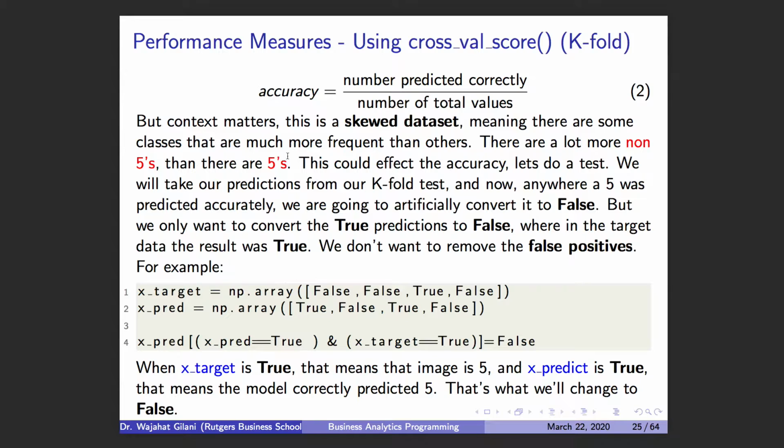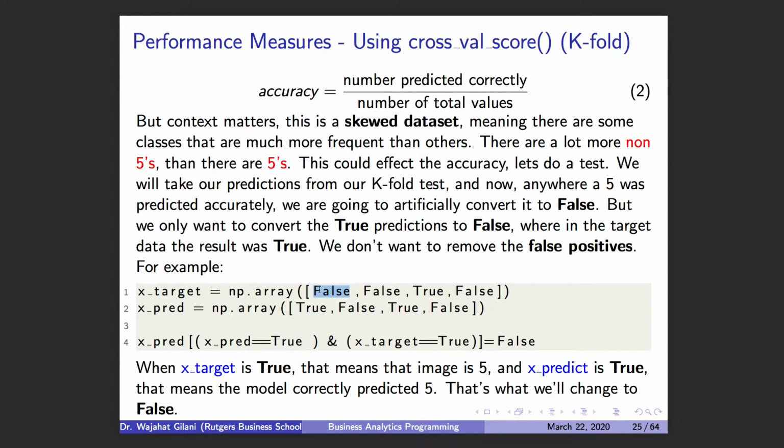For example, if you look at this right here in the slide, let's say my target data is false, false, true, false. My predicted data is true, false, true, false. In this case, I want to change the predicted data wherever the target was true.